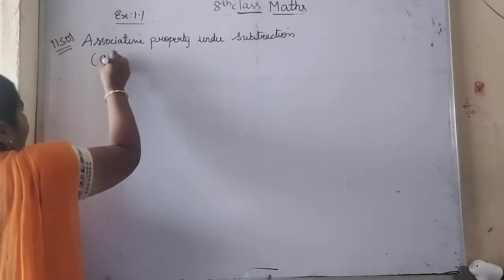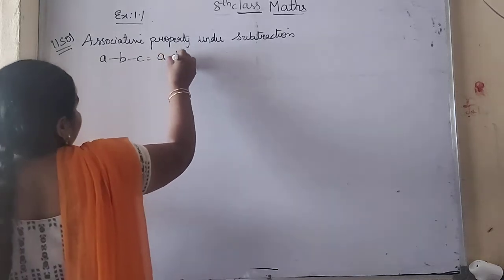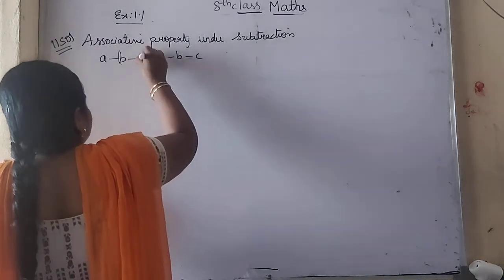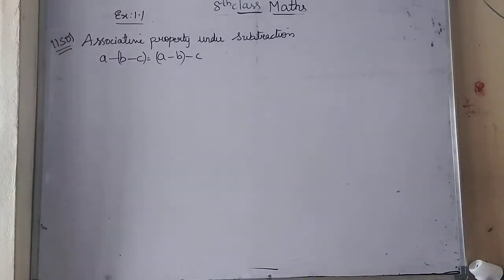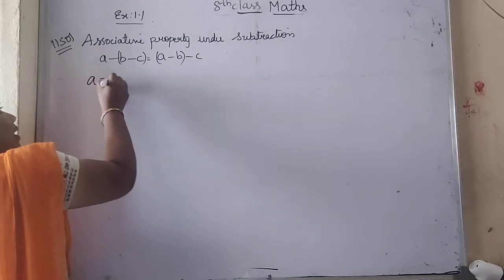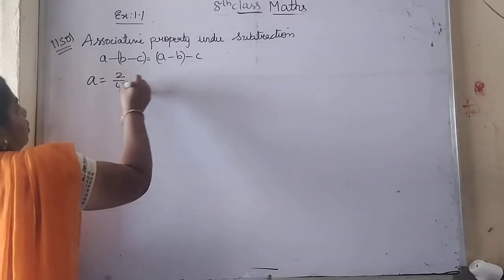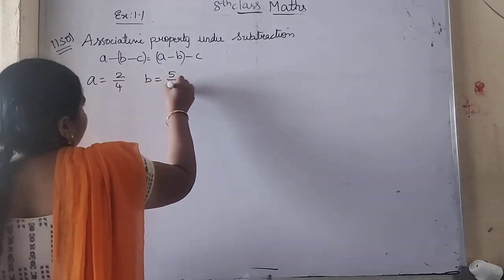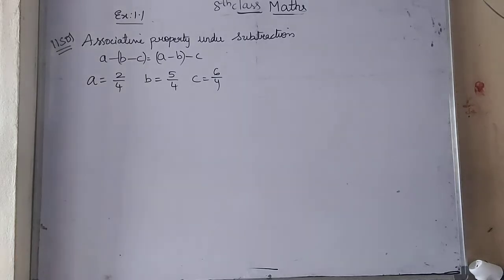It is (A minus B) minus C is equal to A minus (B minus C). Only the brackets will be interchanged. So whether it will be satisfied or not, we have to check. So here I am taking the A value as 2 by 4, the B value as 5 by 4, and the C value as 6 by 4. Whether the associative property will be satisfied or not, we will check here.